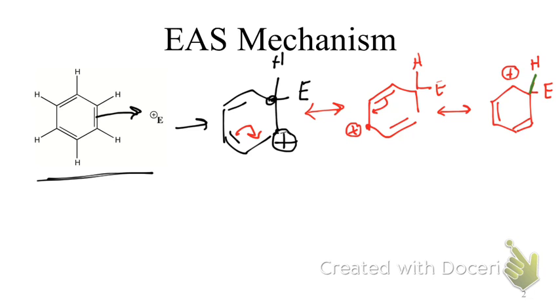So what we can do is take the electrons out of that bond and put them back into the pi system. And what we end up forming, there's our electrophile. What happened to the hydrogen?